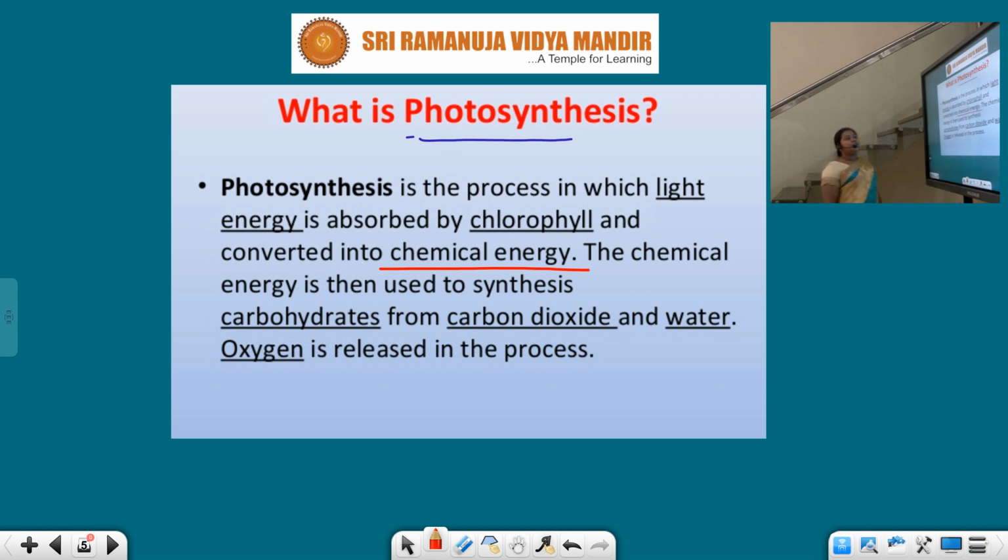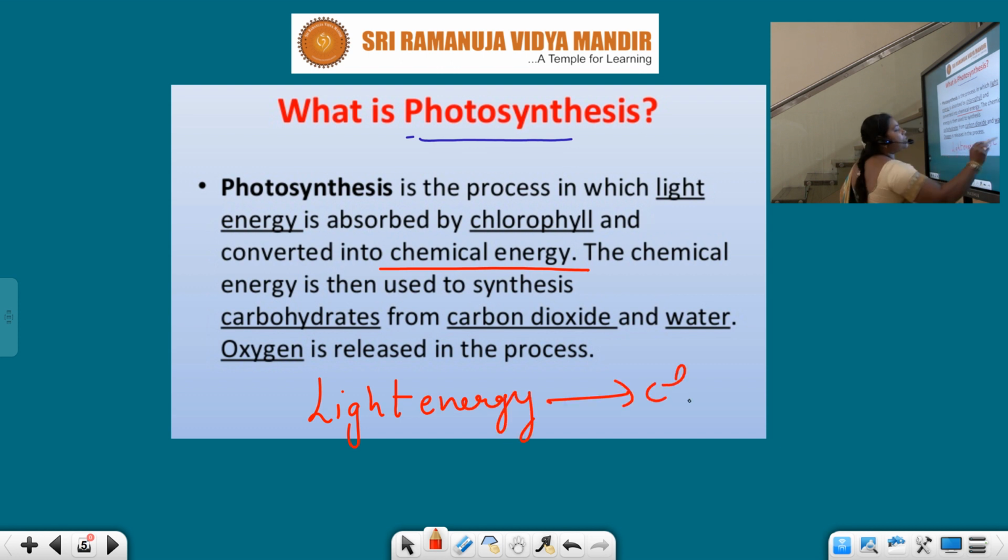The chemical energy is then used to synthesize carbohydrates from carbon dioxide and water, where oxygen is released in this procedure. Photosynthesis is a light dependent reaction, where all the green plants trap the light energy. It is the conversion of light energy into chemical energy.